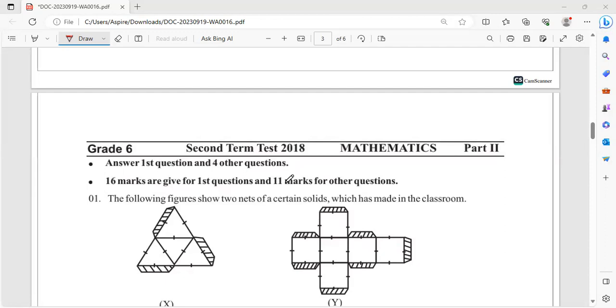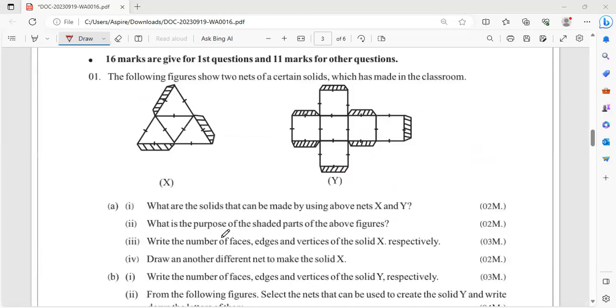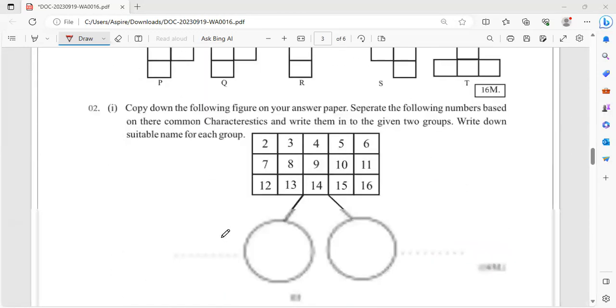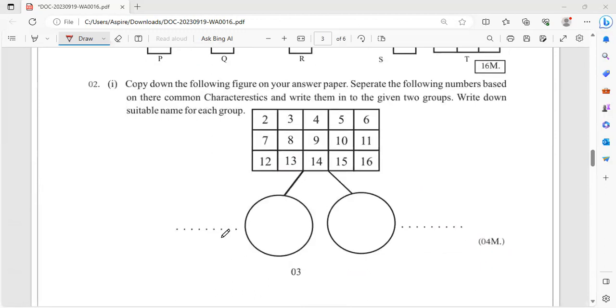Teacher, I got 36. Okay, Shashindi. Good. I will just skip this part. I will continue with the second one.